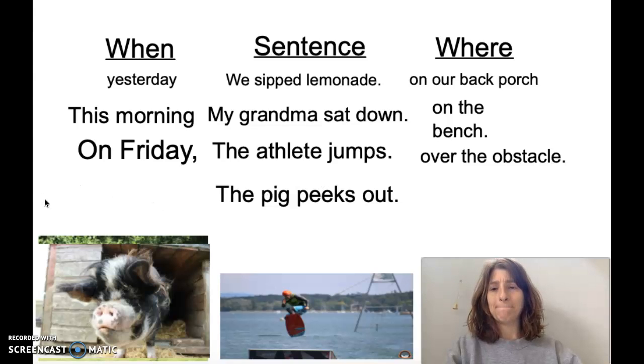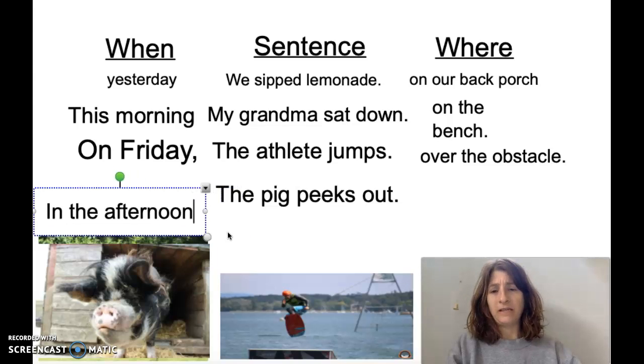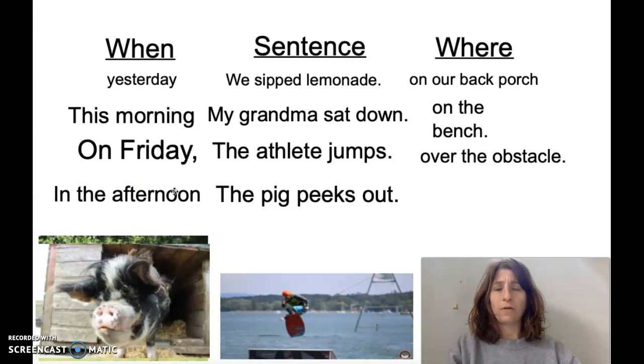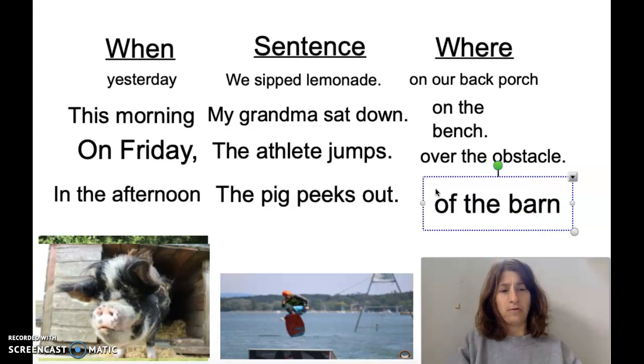When? In the afternoon. That could be a time. When does it do it? In the afternoon. Where does it do it? Peeks out of the barn.